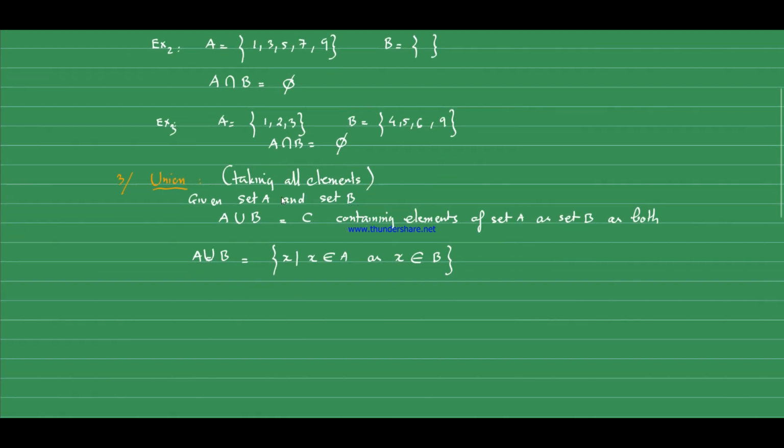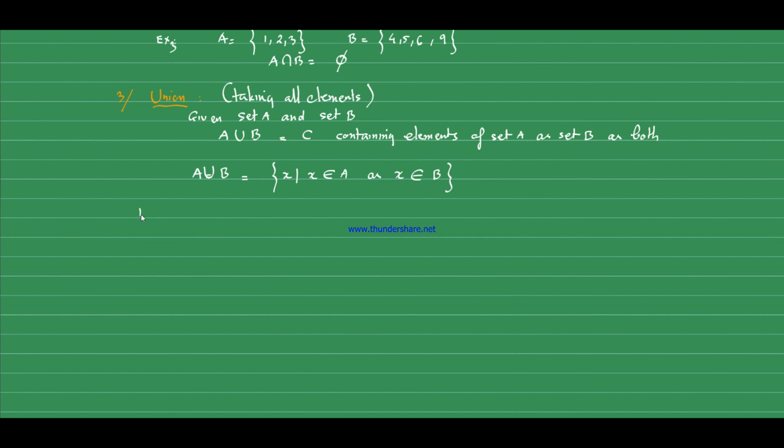Okay, now let me give you an example. What if I have a set A that is 1, 3, 5, 7, 10, and set B is 5, 6, 7, 9, 11.